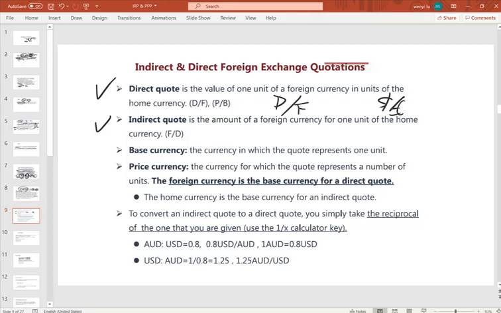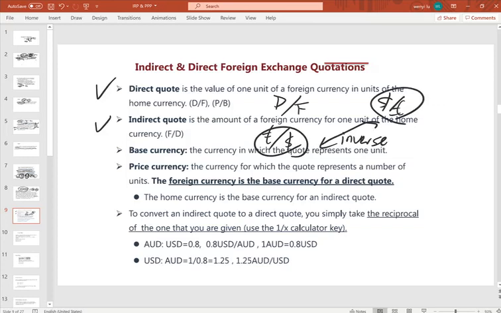For an indirect quote, we check: $1 domestic dollar equals how many units of foreign currency? So it is this format. These two are inverses of each other.